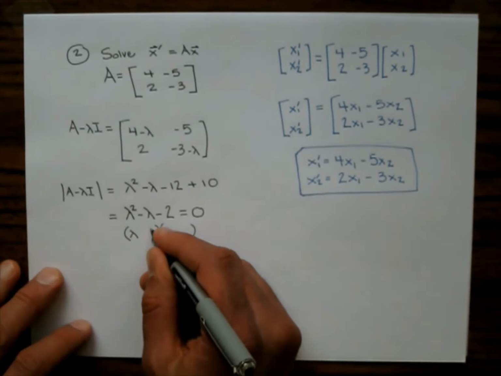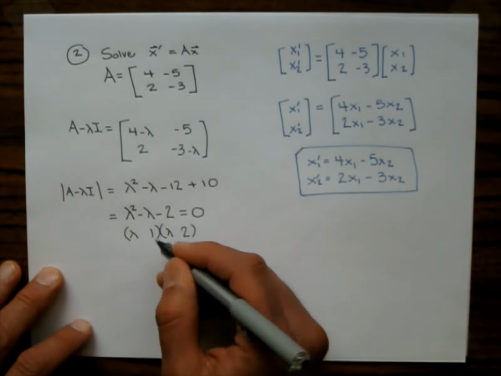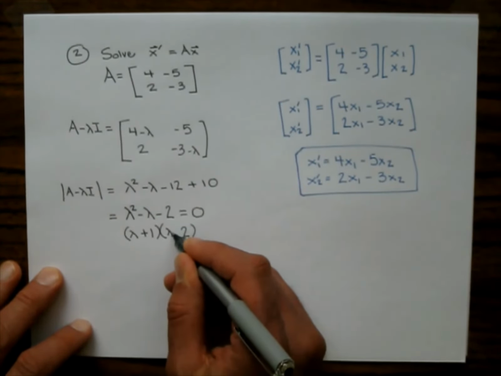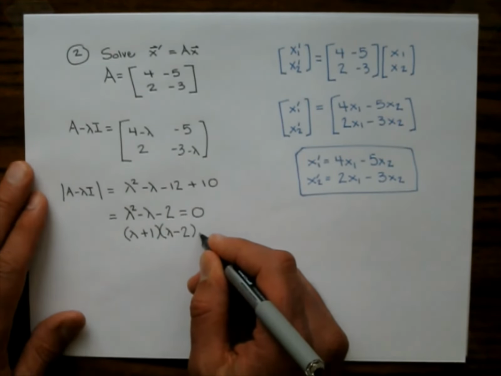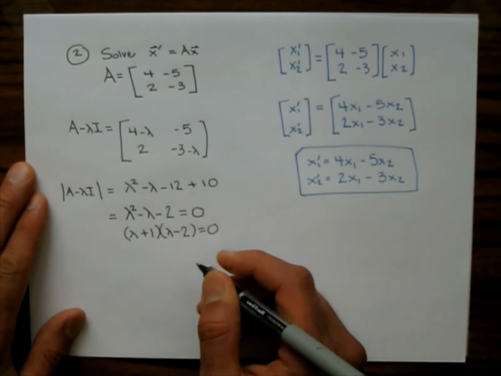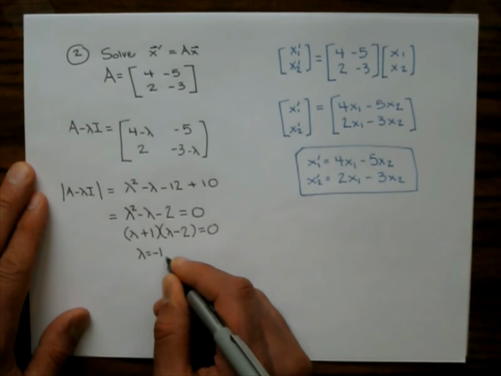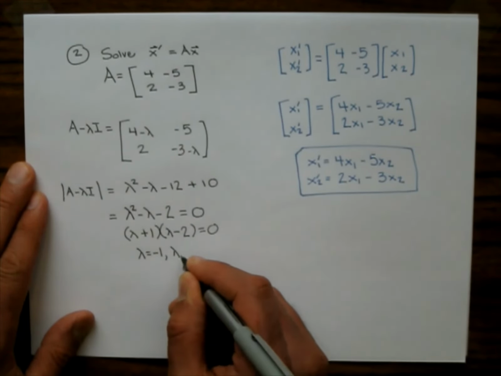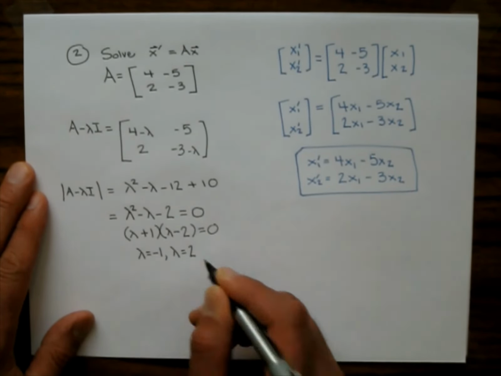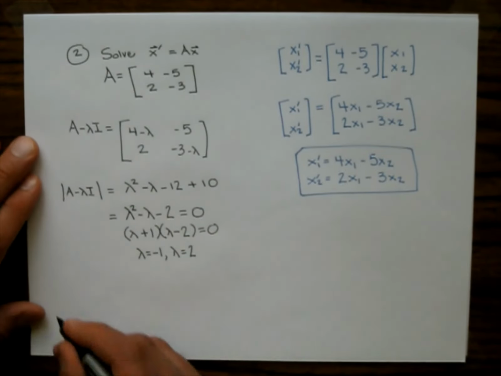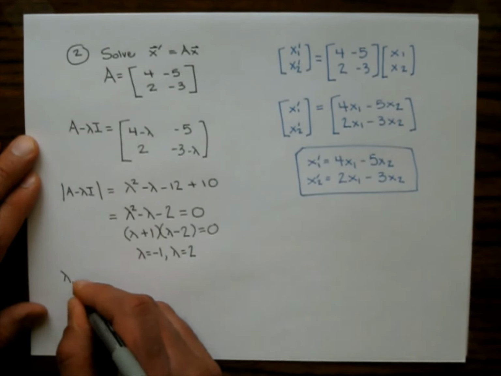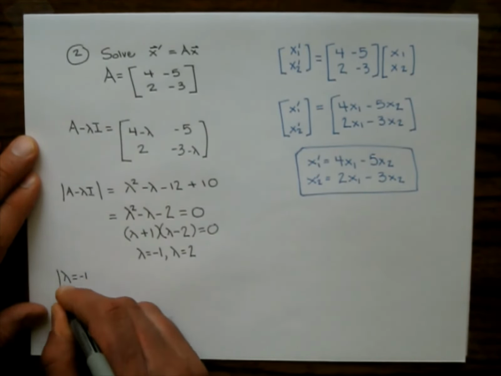My eigenvalues, let's see, a 1 and a 2, and probably a plus there and a minus there. And so I end up getting eigenvalue -1 and eigenvalue 2. Okay, so lambda equals -1.